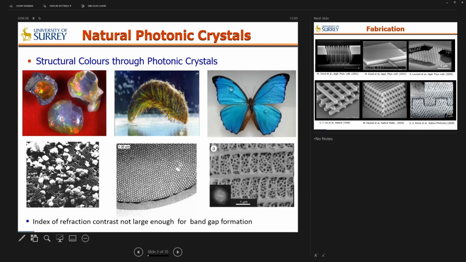And then finally, we have a quite interesting example associated with this morpho butterfly presented here, which has a beautiful blue coloring. We note the absence or the strong reduction of iridescence. So it's a relatively uniform blue color. You don't have the same kind of structuring as in the case of the opal.